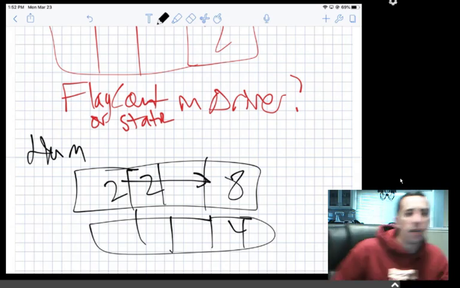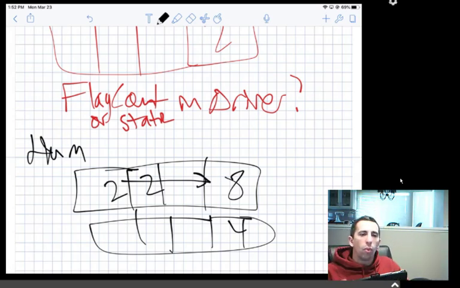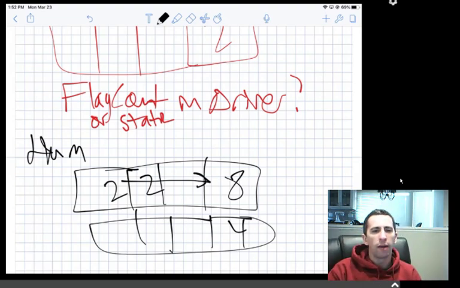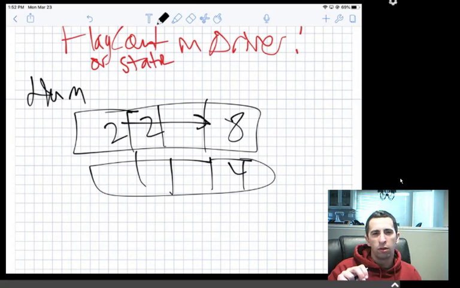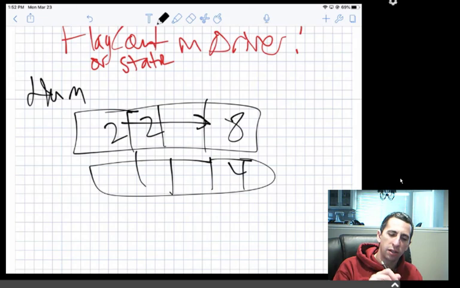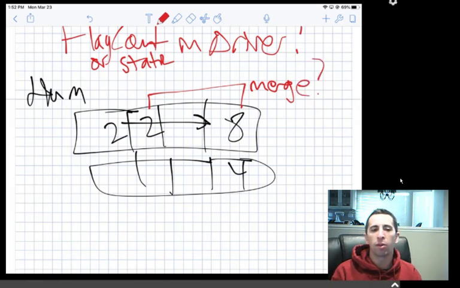So if that's the issue, then you should think carefully about what this will look like. Here's another issue: is the 2 merging with the 8? Because you don't want the 2 and the 8 to merge together, but it's possible that might be happening.